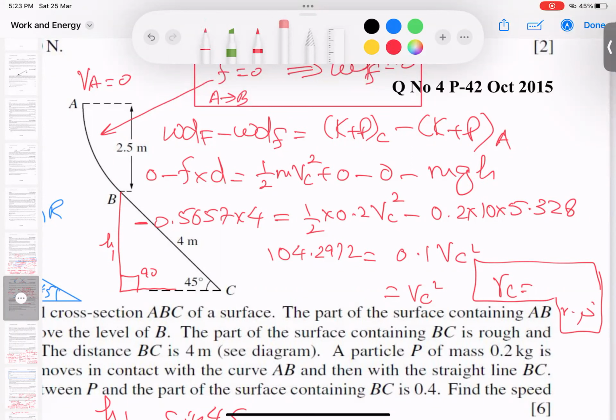Yes, now it's correct. Only a calculating issue. First 3932 and divided by 0.1. I got 83.932, and then I take a root of this, and it is coming 9.16 meter per second. I think the point is very clear.